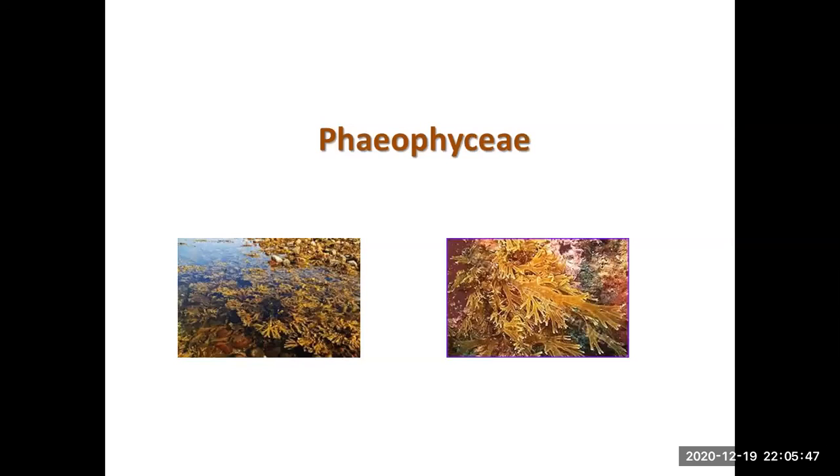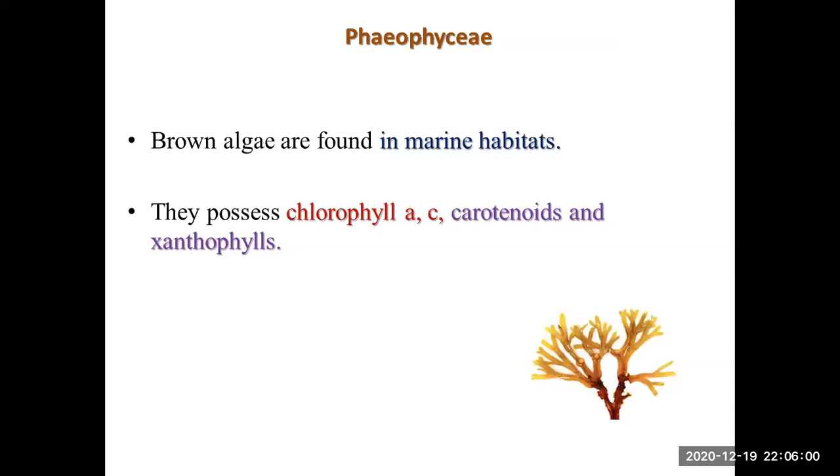Phaeophyceae, also known as brown algae. Most of the brown algae is marine. Phaeophyceae consists of chlorophylls, carotenoids, and xanthophylls.